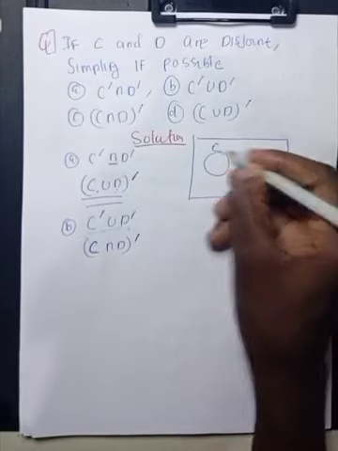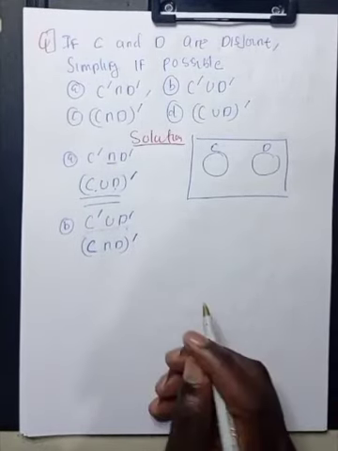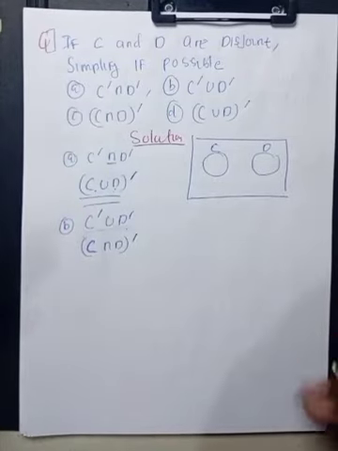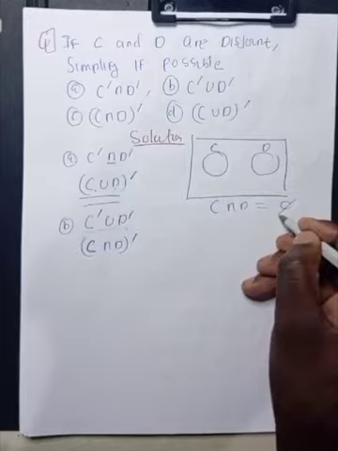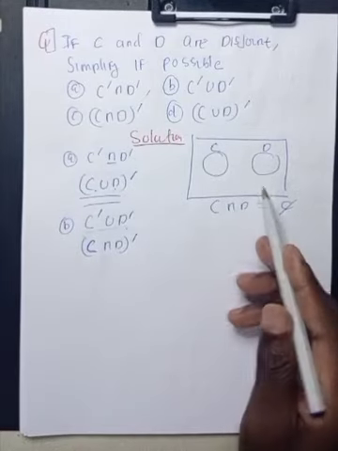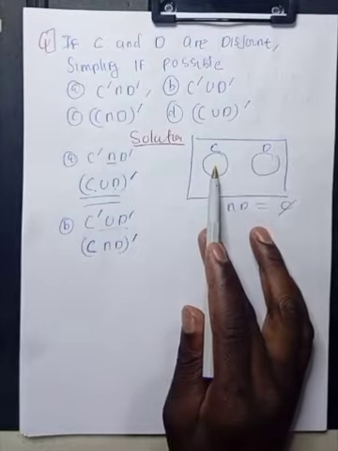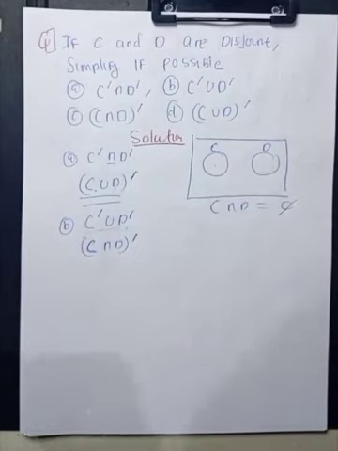This is our C, this is our D. We should know that disjoint sets have no intersection. Meaning C intersection D is the empty set, because these two sets are disjoint, meaning they have no intersection. What does this mean? Meaning that their intersection is the empty set. We don't have any element found in both D and C. So the intersection between sets C and D is the empty set.